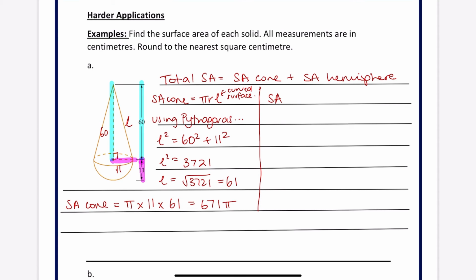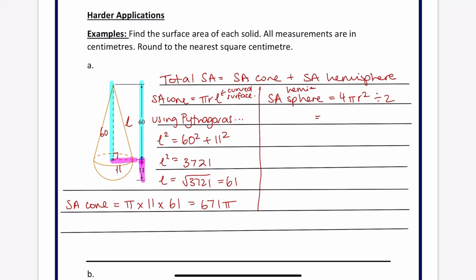So remember that the surface area of a sphere is equal to 4 pi r squared. And to do a hemisphere, we've got to divide that by 2. So our radius is still going to be 11, and that's all we need for the surface area of a hemisphere.